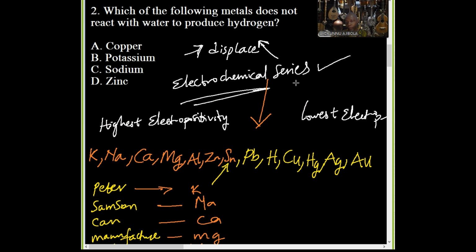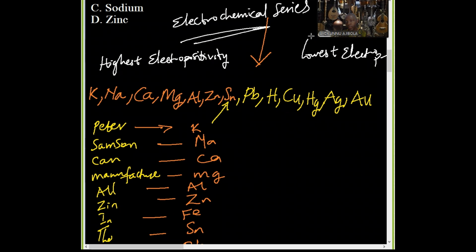So I'm back to what we were talking about. Because hydrogen is higher than copper, copper is lower than hydrogen. Copper cannot displace hydrogen. It means that potassium can displace all of them, okay? Sodium can never displace potassium. Take note.